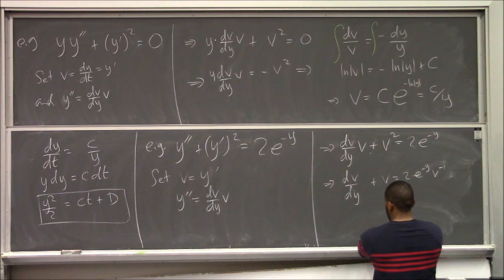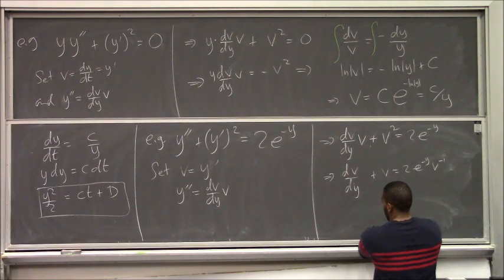It looks like f(y) v prime plus p. So the function in front of v is just 1, and there's a function on the right that's q(y), which is 2e to the negative y times y. But this isn't the right form.